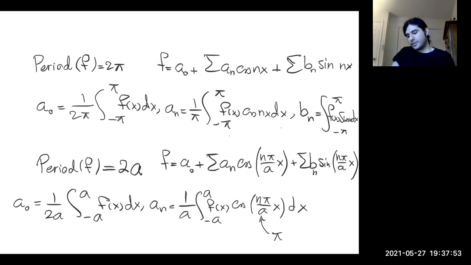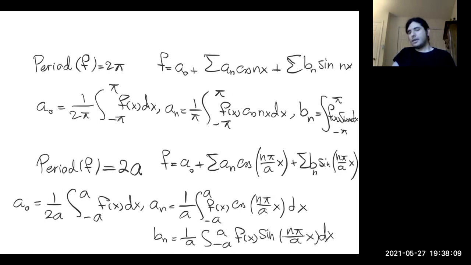Which had no coefficient inside but n. And bn is similarly 1 over a integral from minus a to a f(x) sine of n pi over a x dx. And everything would be similar.